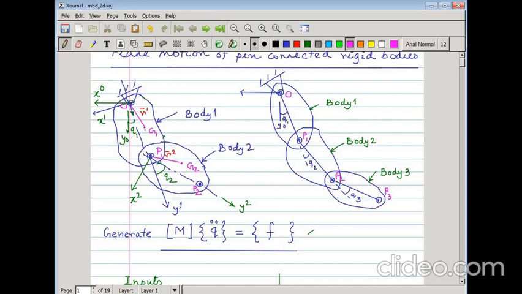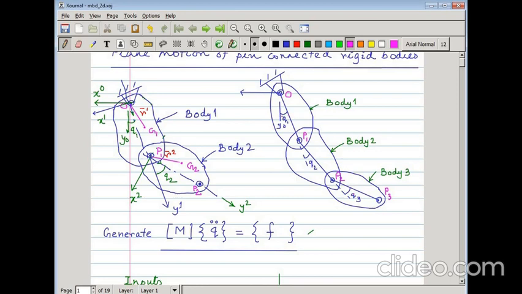This is the center of mass of body 1, so we call it G1. This is the center of mass of body 2, we call it G2. From the first pin, which is the hinge in case of body 1, the vector from this pin to the center of mass is R1, and here from pin to center of mass R superscript 2. These are the generalized coordinates Q1 and Q2 here, and for this again Q3, the relative rotations.